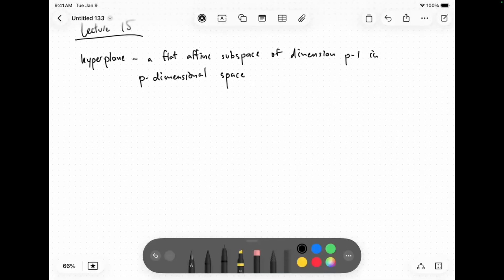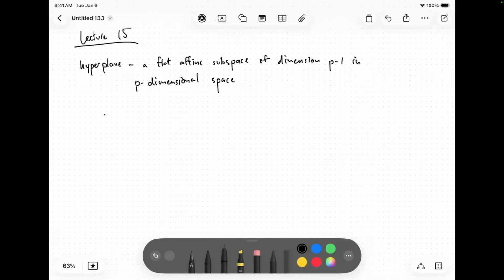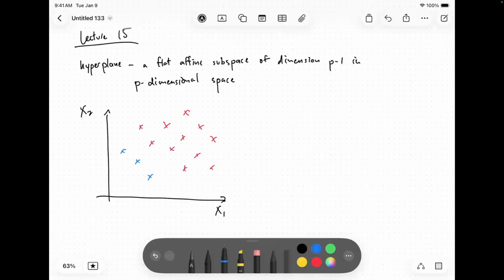An example of this would be if I have x1 and x2, and I've got a bunch of points like this. I can divide the space into these two territories using a hyperplane.